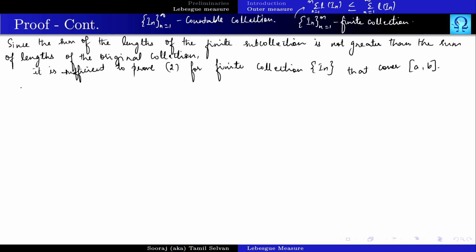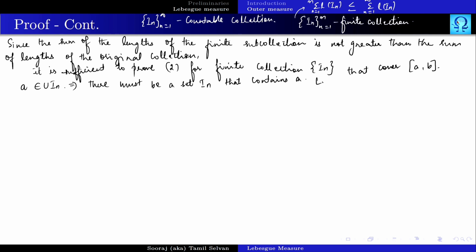We have this member a in the union, the union of these finite sets. This tells us there must be a set in the collection that contains a.